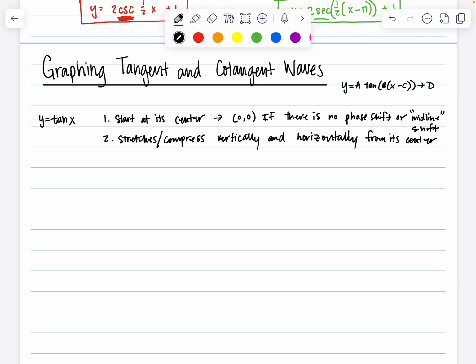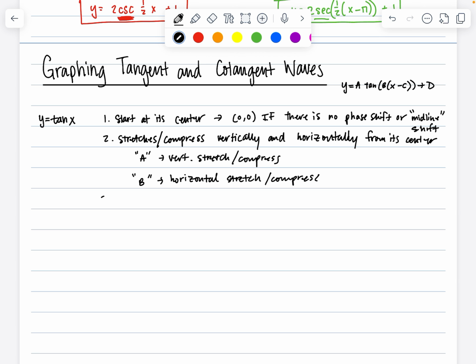The A value is a vertical stretch or compress, as is the B value for horizontal, and it is affecting the period. Horizontal stretch or compress.